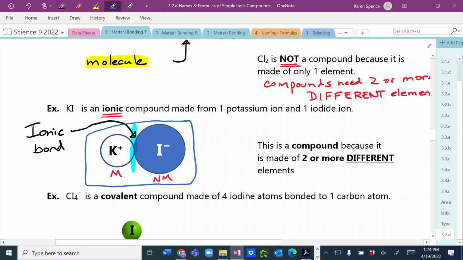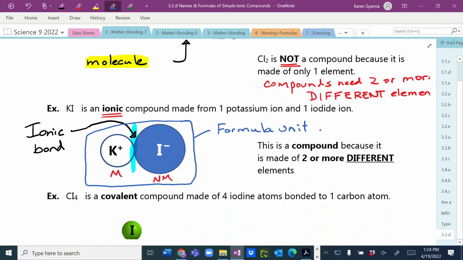A single unit of that ionic compound. That is called a formula unit. How do we know it's a compound? There's two or more different elements.